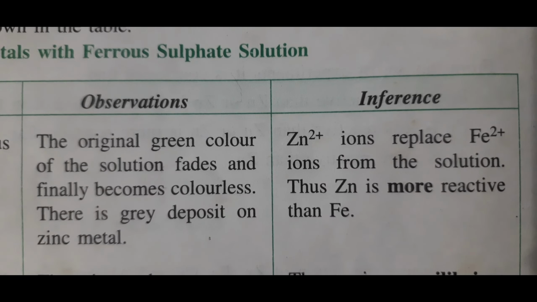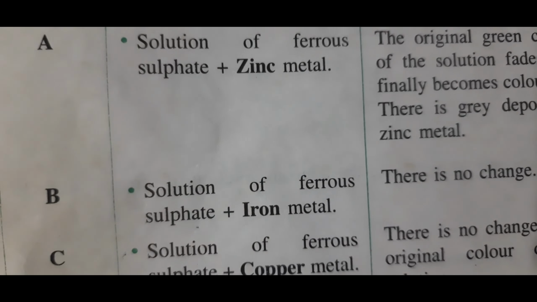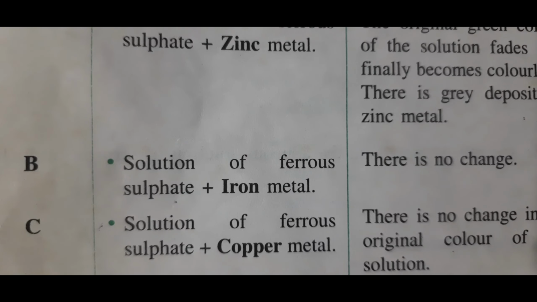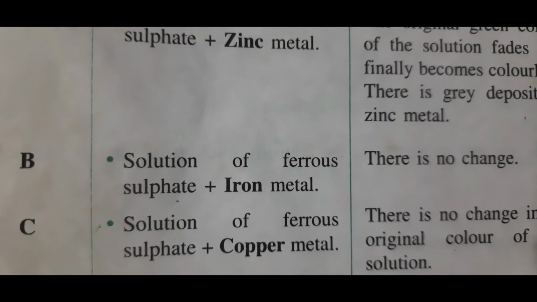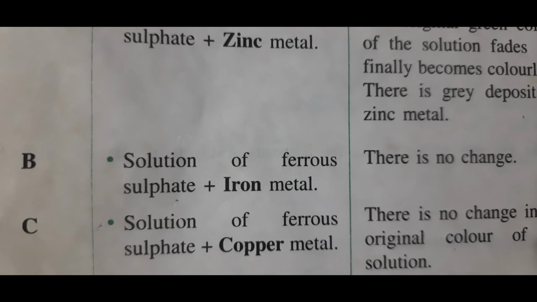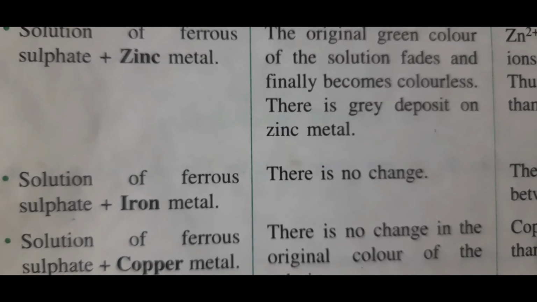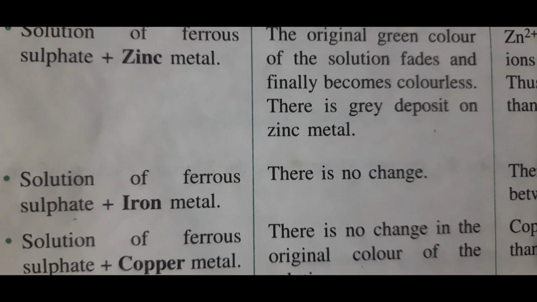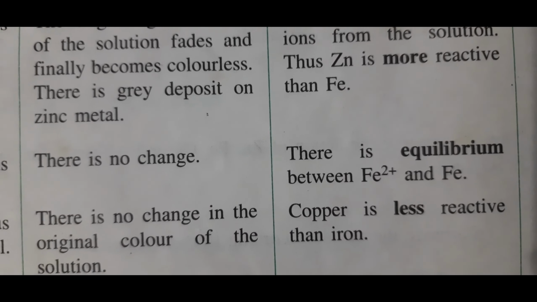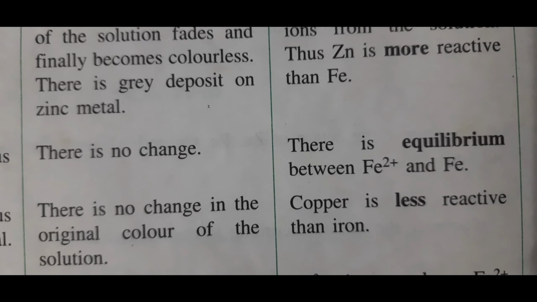Now, B. Solution of ferrous sulfate plus iron metal. What we observed, there is no change. And friends, there is equilibrium between iron ions and iron metal.